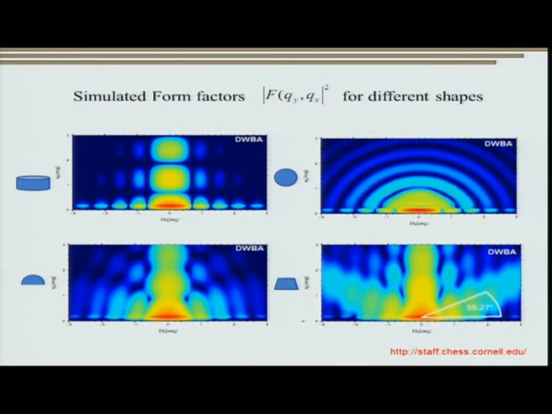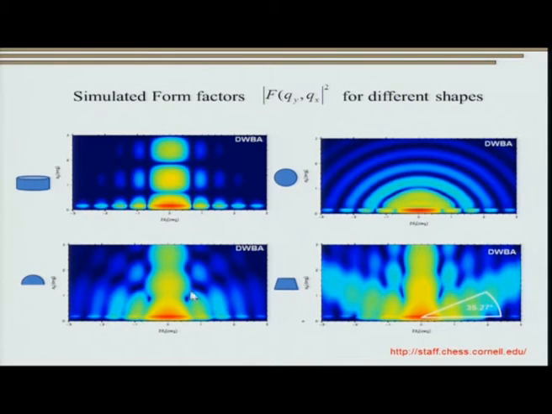Now, if we have a spherical shape, we get a completely different kind of pattern. So, depending on the two shapes, cylindrical versus spherical, we get different form factors in the reciprocal space. A similar case is shown for a half sphere as well as for a prism.